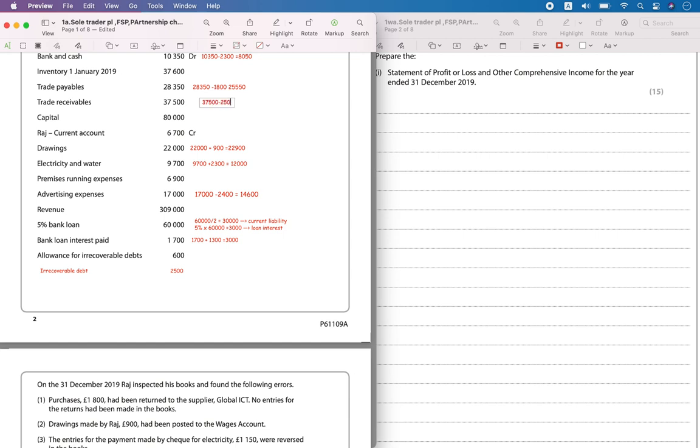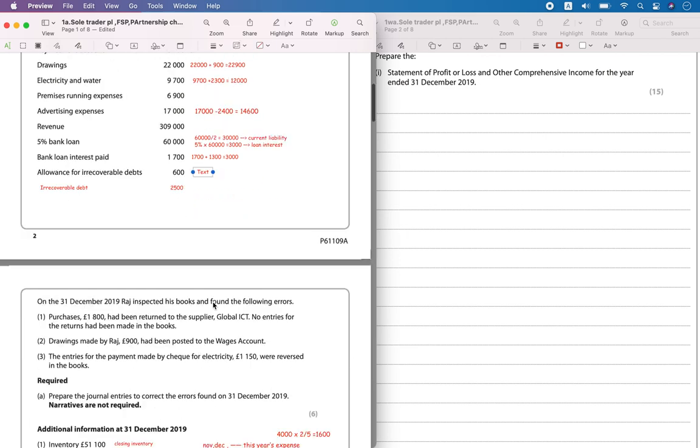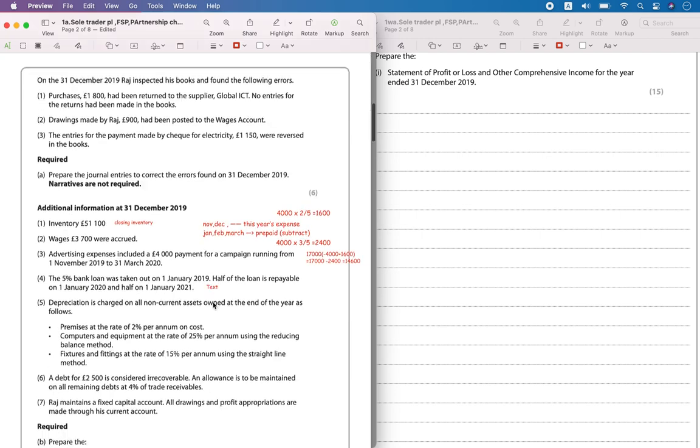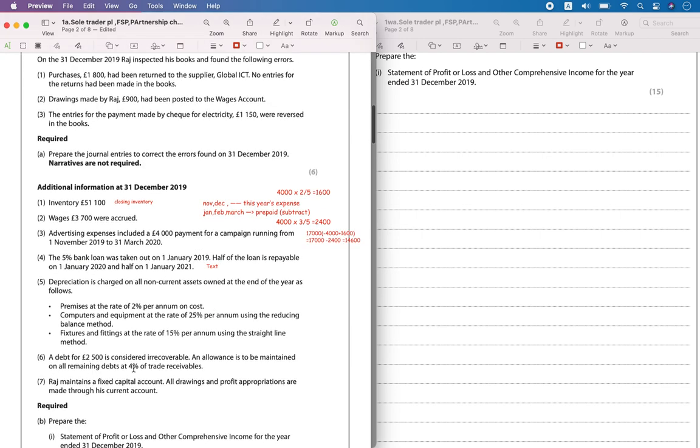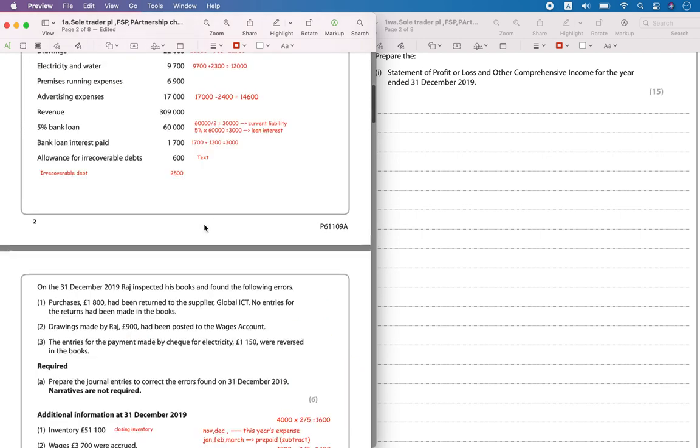Now we have to also subtract this debt from the trade receivables. 37,500 minus 2,500 is equal to 35,000. Now let's calculate the allowance for irrecoverable debts. We have to find whether it has increased or decreased.